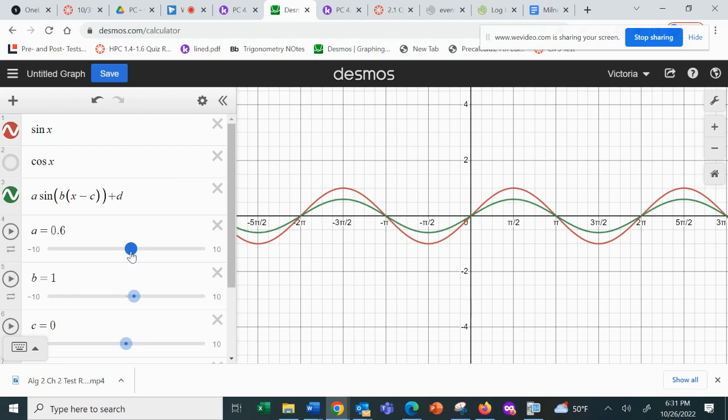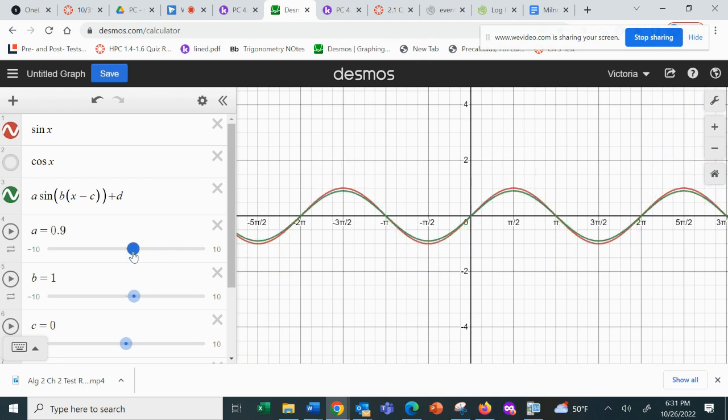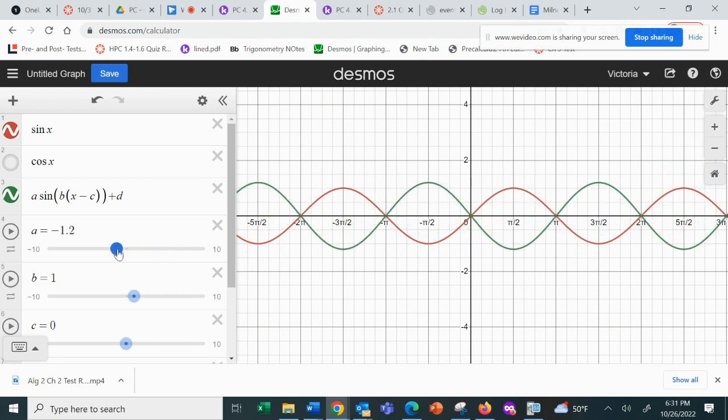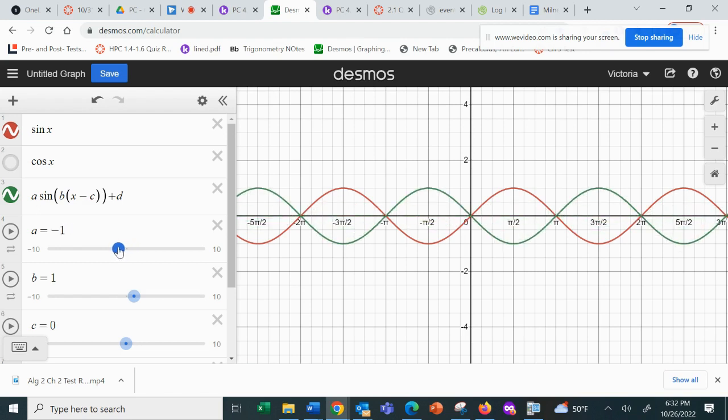If A is 0, though, we have a problem because it's not a sine graph anymore. So that vertical shrink has got to be between 0 and 1. If it's above 1, we've got a vertical stretch. Now, if I go to negative, what ends up happening is you can see there is a reflection in the graph. So if I'm at negative, that negative is a completely separate thing than the vertical stretch or shrink.